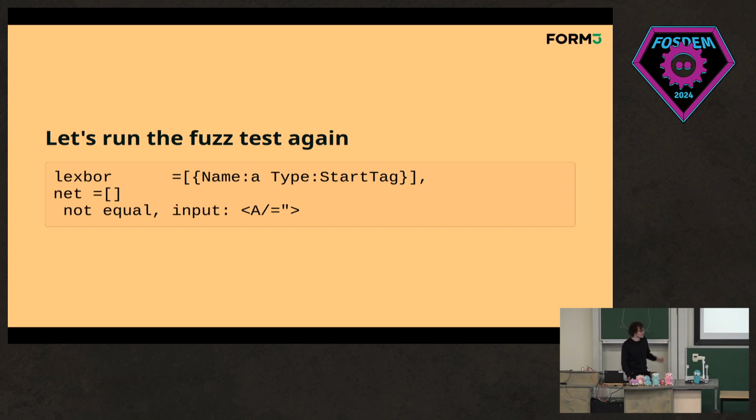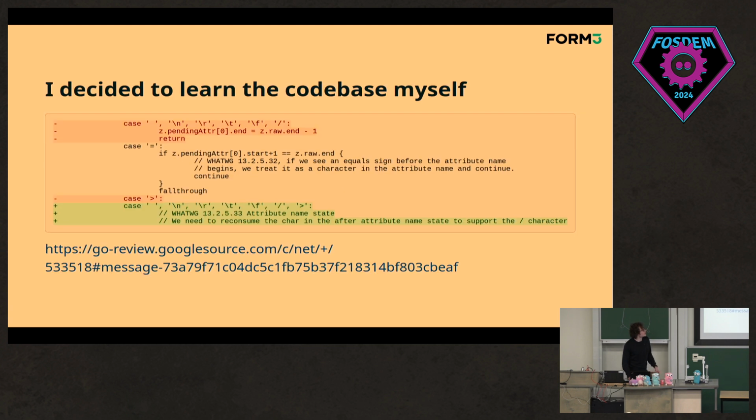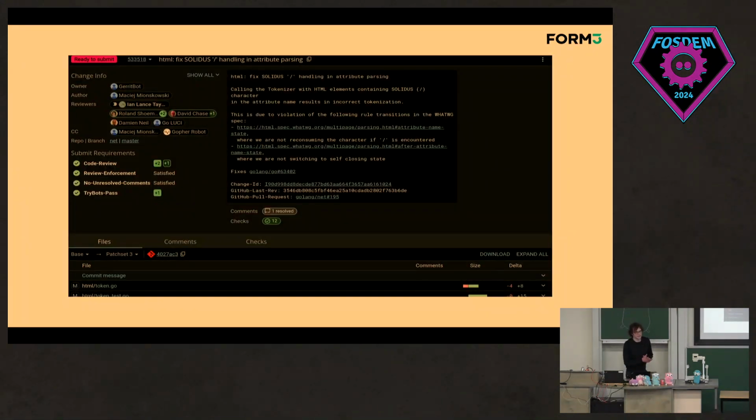So I thought, all right, I have this fuzzer. It's not pretty. It has no way to reach the standard test suite, but we can learn the code base and iterate over it. Run, fix the problem, run the fuzz test again. So I prepared the patch, and you've seen Garrett's screenshot today already.